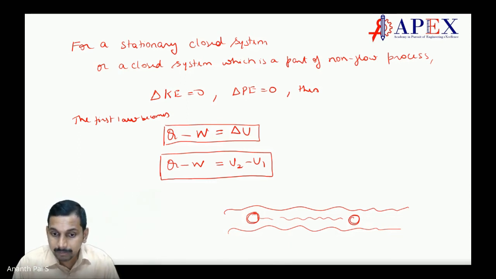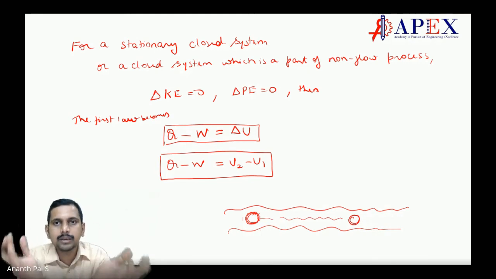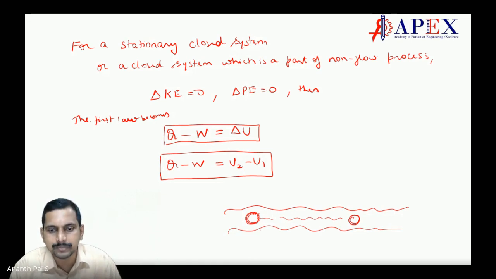Why? Because we are moving along with the closed system. We are not having a control volume here. The boundary is the oil drop boundary, whatever shape the hot oil drop takes. And there is heat transfer and work transfer also.